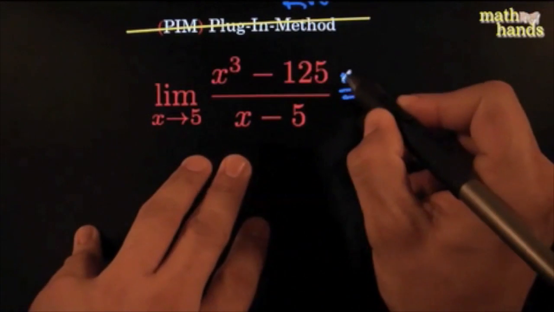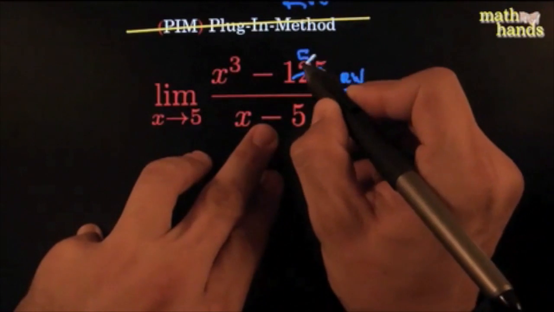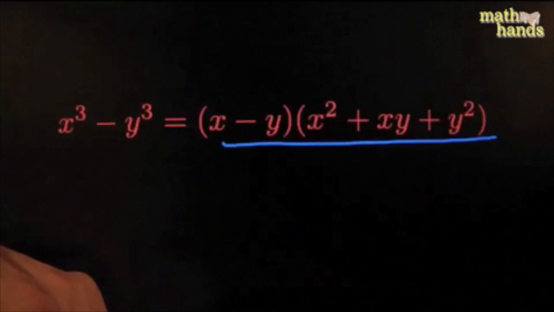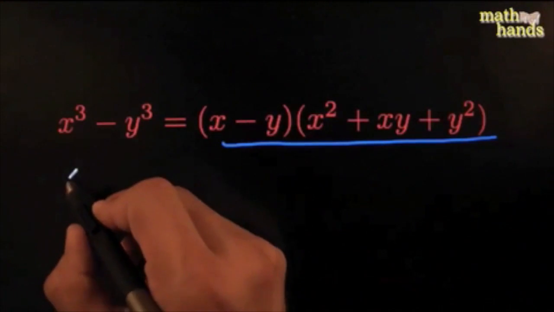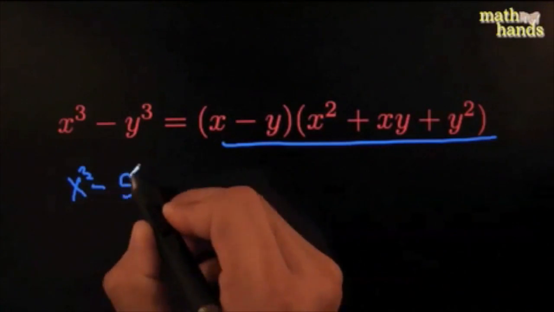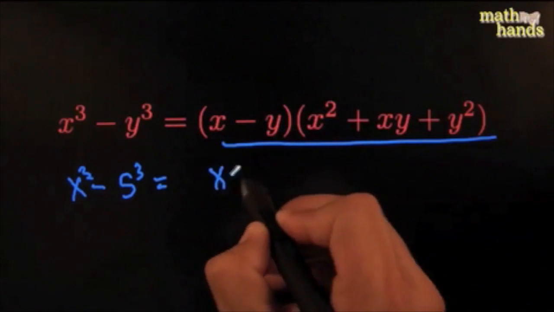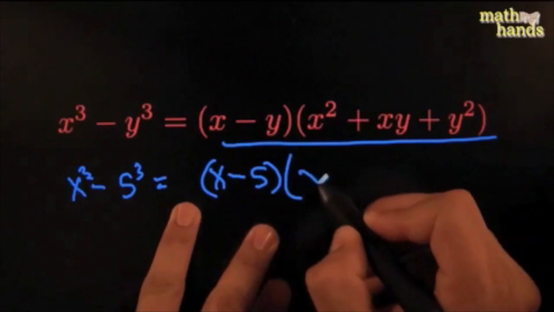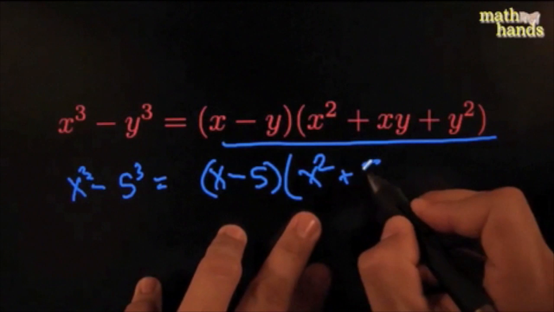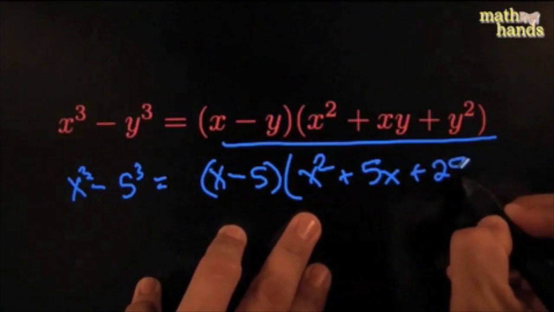So I'm going to do a little rewrite. I'm going to think about it as 5 to the third, so I can apply my thing here. If you have x to the third minus 5 to the third, that would be x minus 5 times x squared plus 5x plus 25.